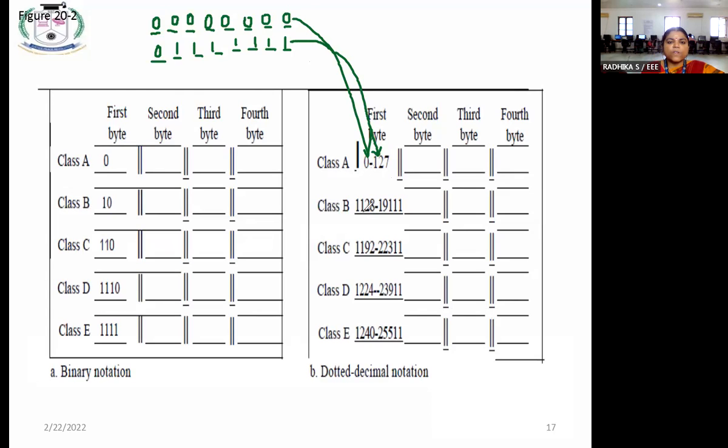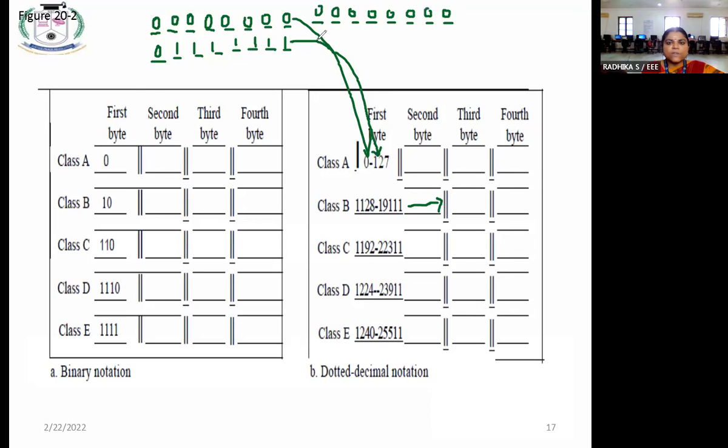Likewise, if you go further, when I have the first two bits as 1, 0, here the length is 2 bytes. It means one more 8 bits go: 1, 2, 3, 4, 5, 6, 7, 8. I hope you can understand what I'm trying to say.